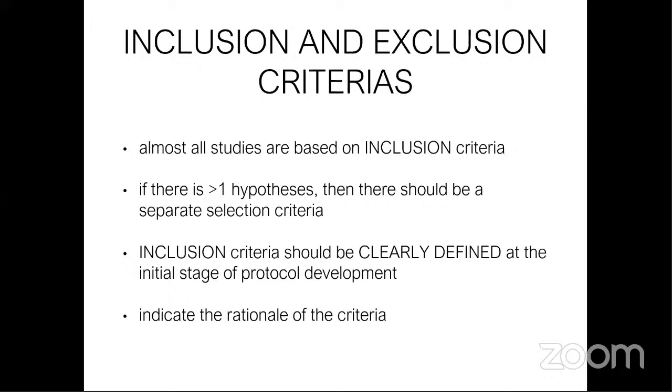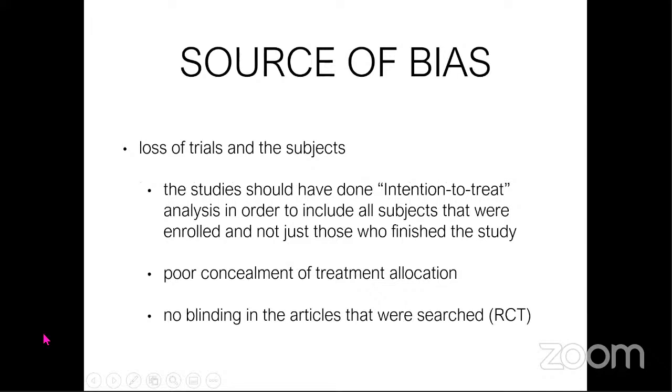So almost all studies are based on an inclusion criteria. If there is more than one hypothesis, then there should be a separate selection criteria. It should be clearly defined at the initial stage of protocol development, and the rationale should be indicated. Okay. Remember sources of bias. So there would be loss of trials and subjects.